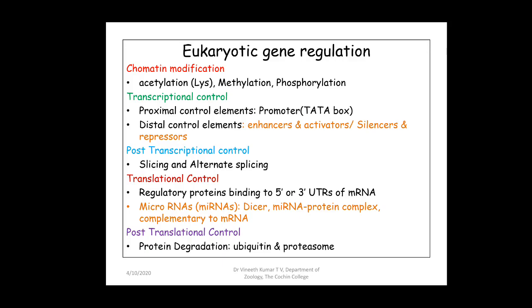And there is a second set of control elements, DNA sequences seen far away from the gene which is going to be transcribed. Those control elements seen far away from the gene are called distal control elements. The examples are enhancers and silencers.